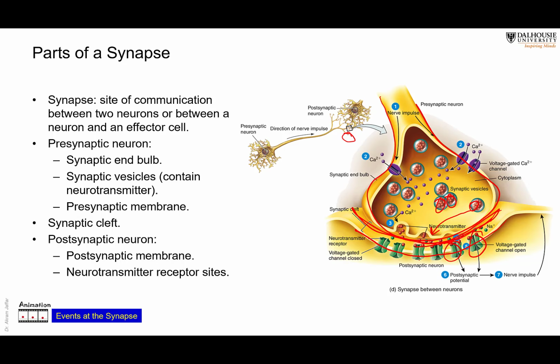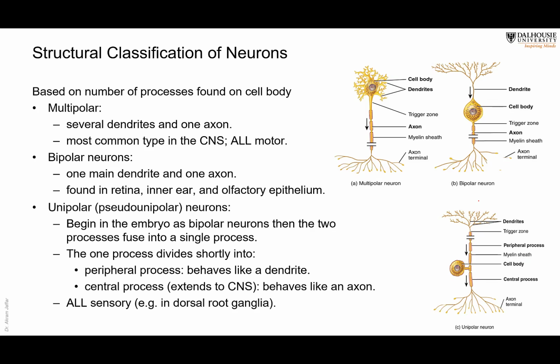And then there are enzymes that are going to destroy the neurotransmitter, and another neurotransmitter will be there, and so on. So structurally speaking, this is what we call a synapse. There is a presynaptic neuron, this one, and a postsynaptic neuron here, and in between them there is a synaptic cleft. The cleft is a gap. They do not touch each other. The neurotransmitters have to swim until they reach the other cells.